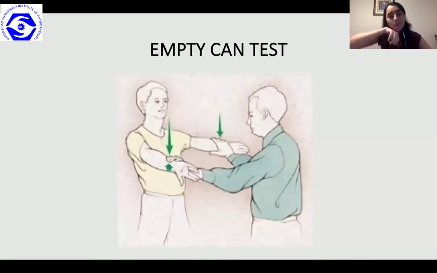Then we will apply a downward force and ask the patient to resist, so the patient will move upwards, which is the action of the muscle doing shoulder abduction. If the patient complains of pain in this, then we can be sure that it is a problem of the supraspinatus muscle, and it is either an overuse or a muscle strain.